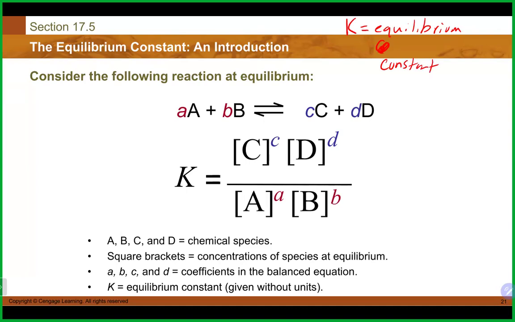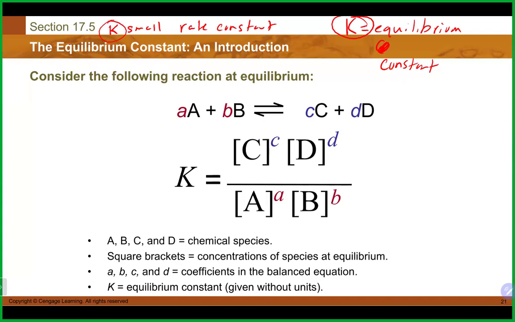It's not to be confused with a small k. Small k is the rate constant, which deals with kinetics. So it's important in chemistry, if you're talking about the equilibrium constant, that you make it a capital K, because a small k means something different.